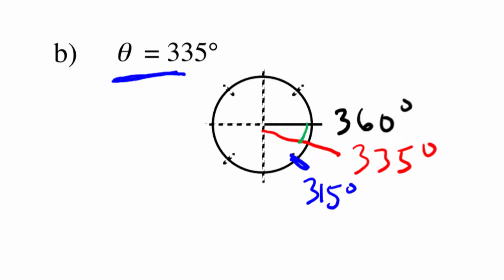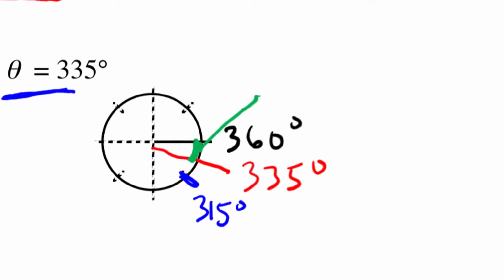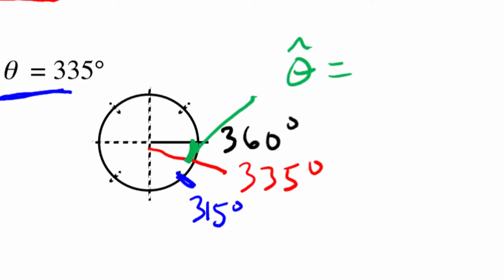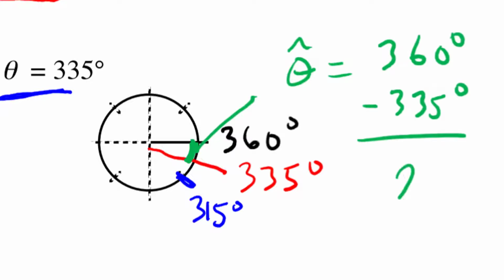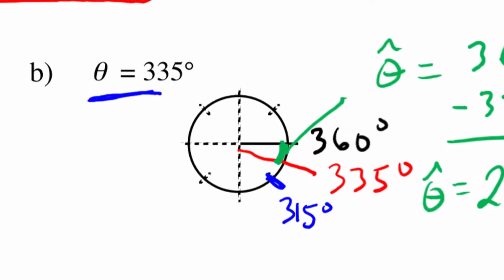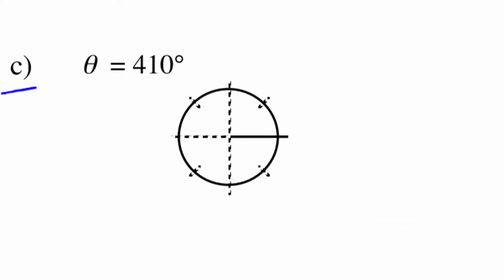You might be able to just see that that is a distance of 25 degrees, or you can do some subtraction, which we're going to show right now. So there's theta hat, 25 degrees.